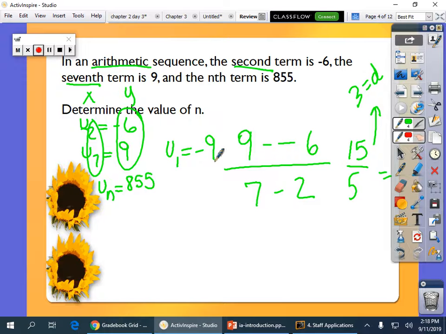Now they want to know what term this is. So I'm going to do... Somebody set it up for me. 855 equals negative 9 plus n minus 1 times 3. Okay? I'm giving you 30 seconds to finish.